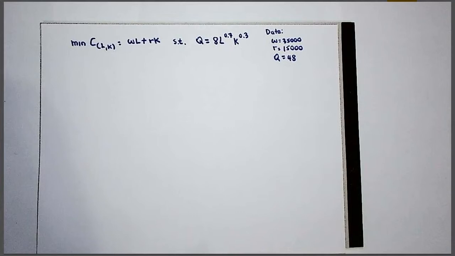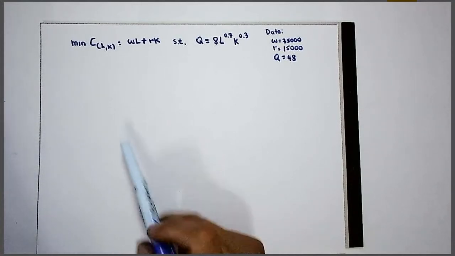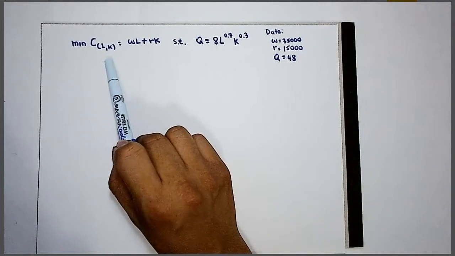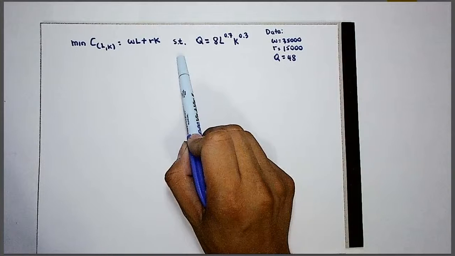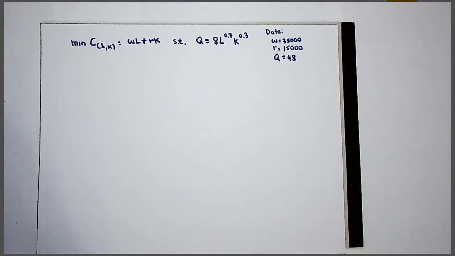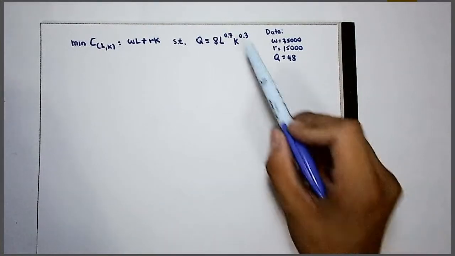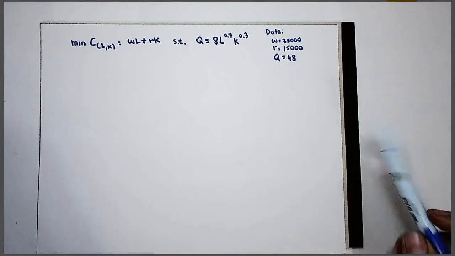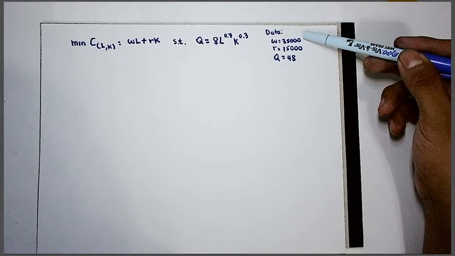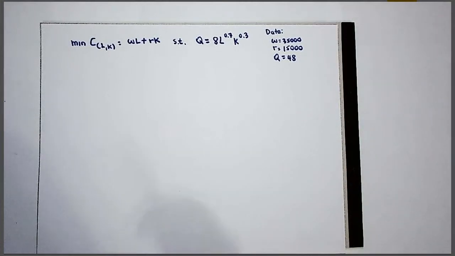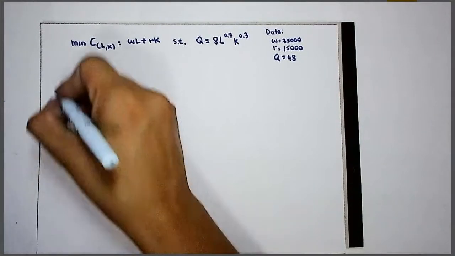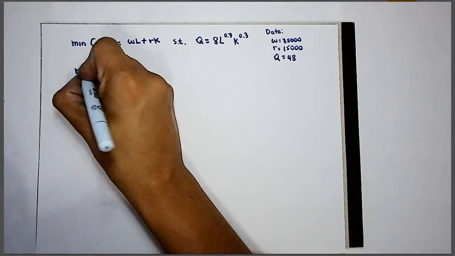This is our standard cost minimization problem, in which we need to minimize the cost of producing using labor and capital subject to a production function, which was given in the problem. In addition, we have the wage, the rental rate, and the quantity. So let's replace all of those values before we proceed.